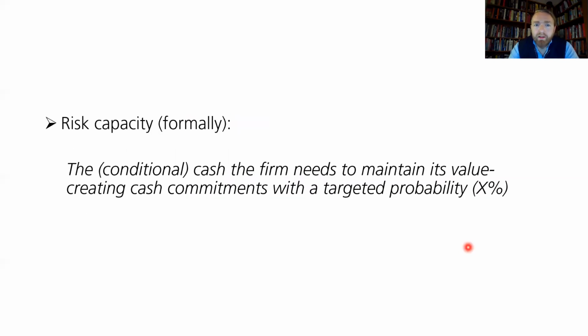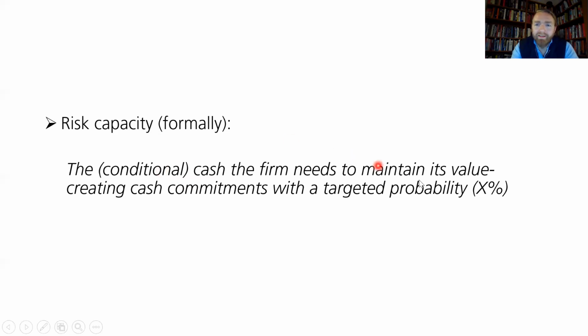Somewhat more formally then, it's the conditional cash now that you need to maintain the firm's value creating cash commitments with a certain probability. And here we have conditional inserted in this definition. So it's not just the cash we have in the bank, cash at hand. It's also what we can muster or verify that it's going to be available to us in worse than expected scenarios.